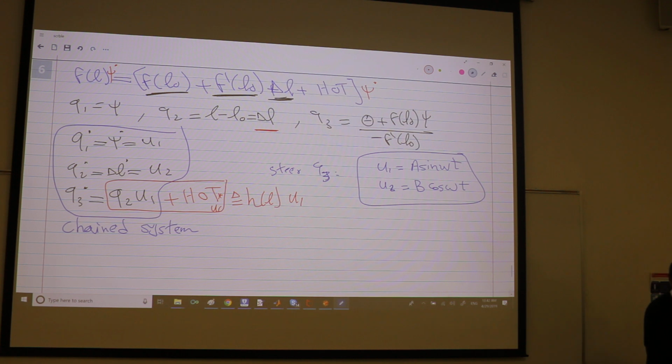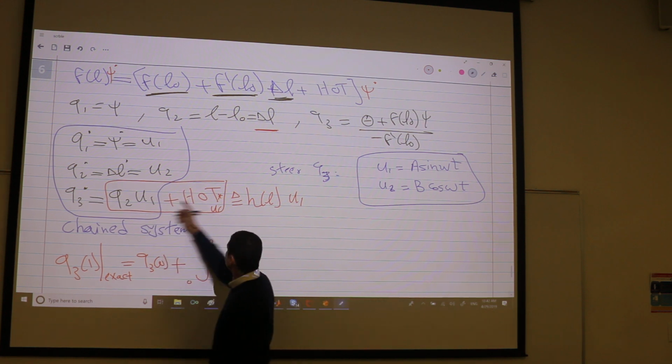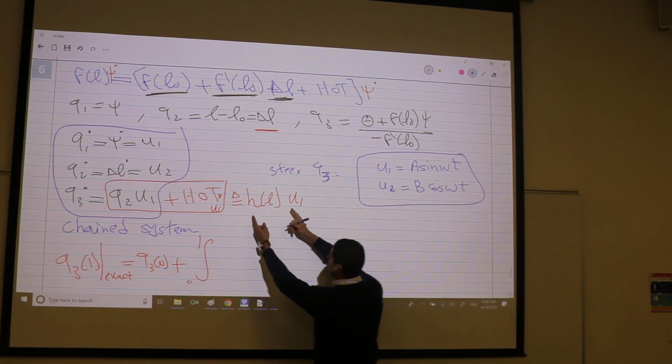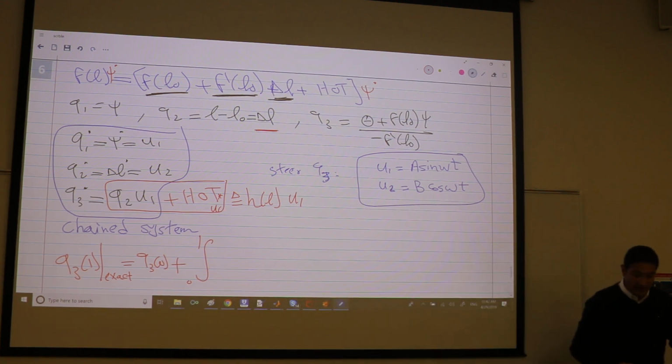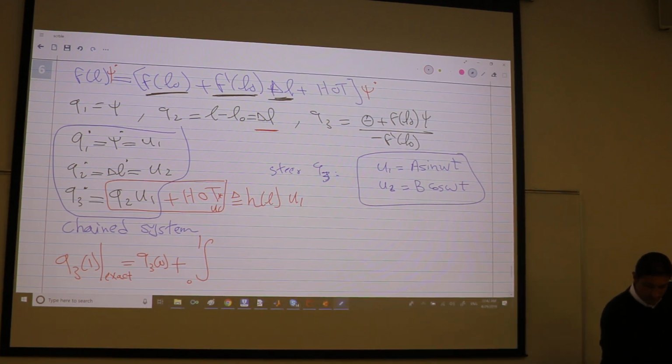So Q3 at 1, exact, is Q3 initial plus the integral of whatever you have here, right? So this is actually h of L times U1, h of L of t dt.